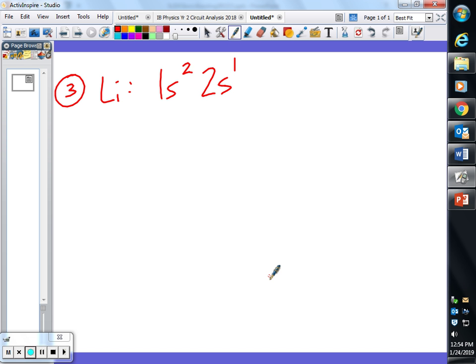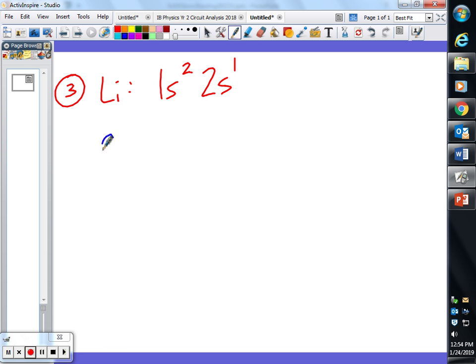The second level. How many electrons are in that second level? 1. So how many valence electrons does lithium have? 1 valence electron. Okay? Good there? All right.